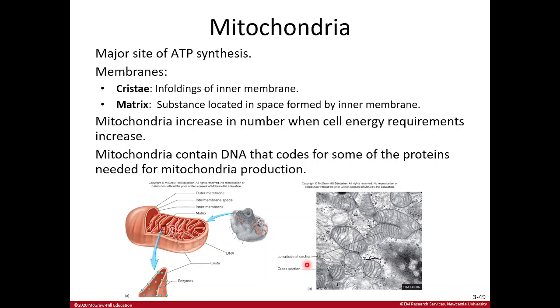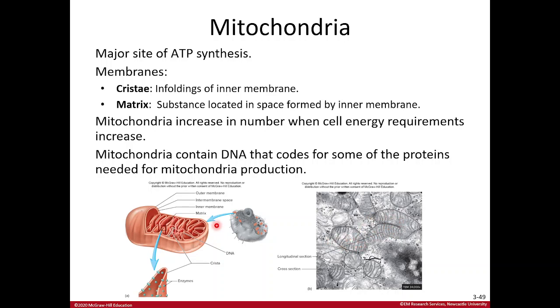So as I told you before, the mitochondria is the powerhouse of the cell. It will make ATP. The mitochondria has a sausage-like shape, and it has a double membrane. It has the outer and the inner membrane. The inner membrane folds in to form this structure that you see here and here in this transmission electron micrograph that we call the cristae.